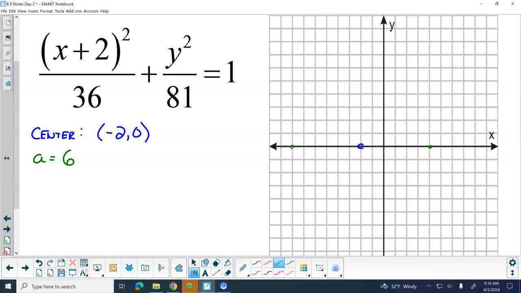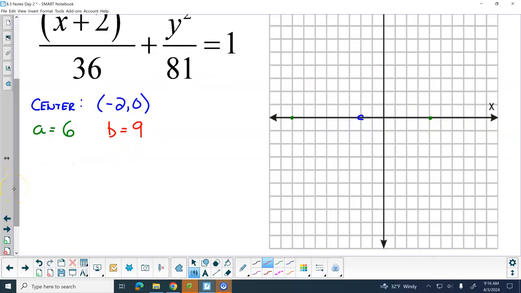My b value, so that's up and down 9: 2, 4, 6, 8, 9. Oh man, why did I make it so big?